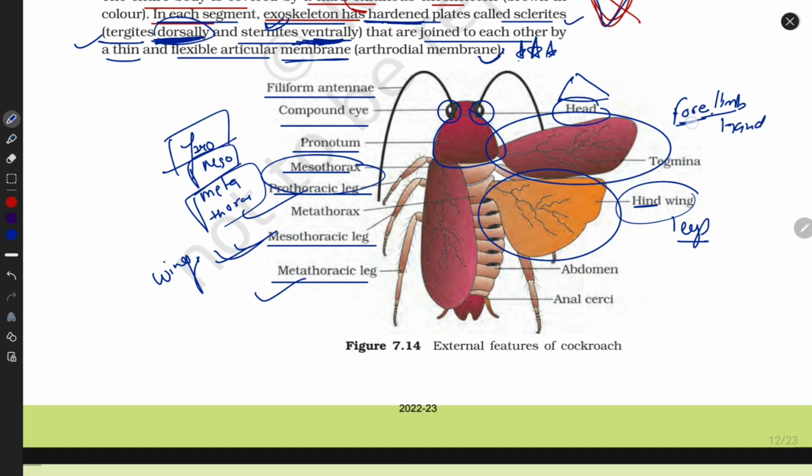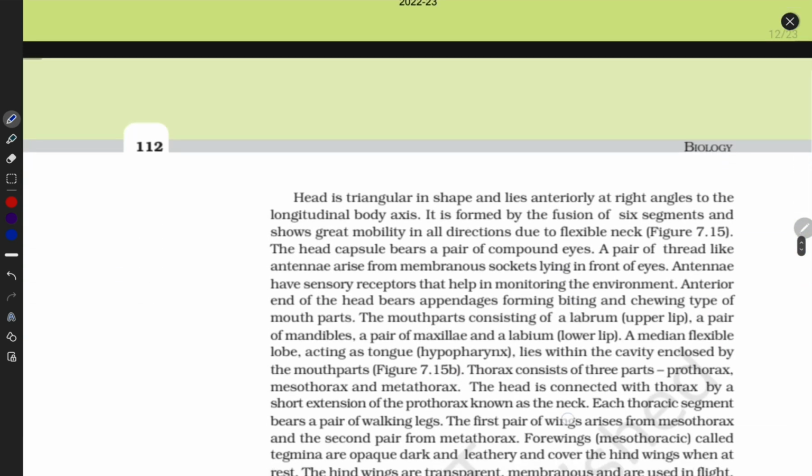This part is the abdomen, and this is the anal cerci. They have some special features for telling male from female. This is the male. Okay, let's move on.